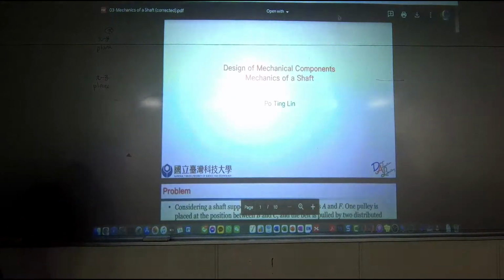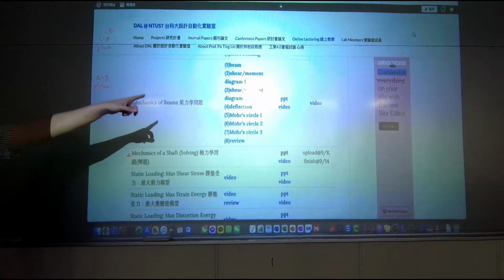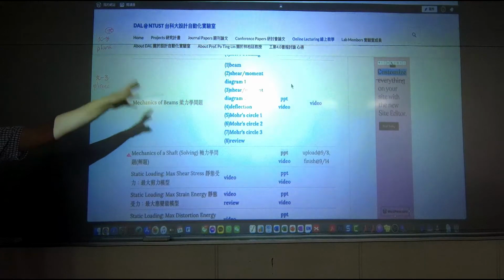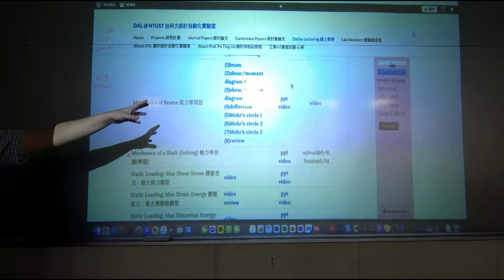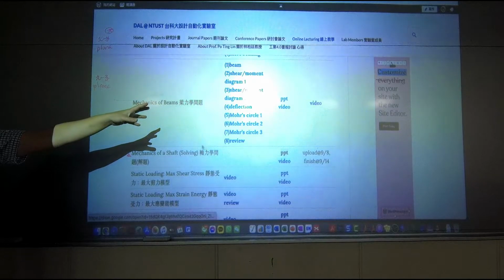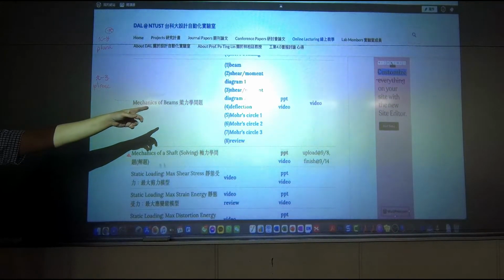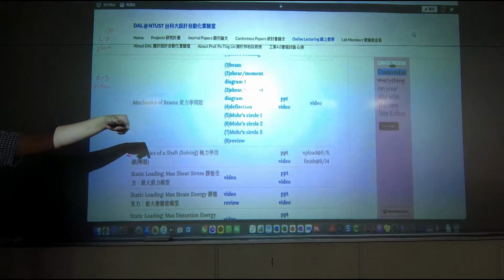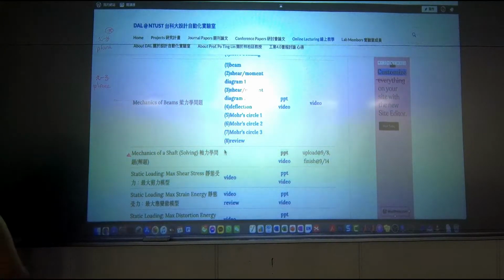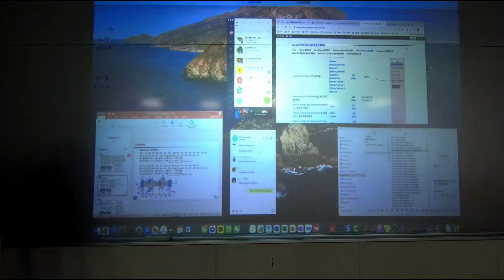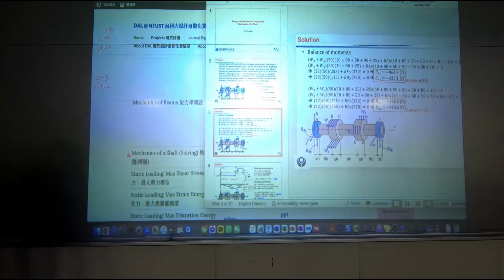It's on the web page that I gave you earlier, in the column, on the row of mechanics of a ship solving. So today we're solving this problem. Let's get back to what I'm having right now.